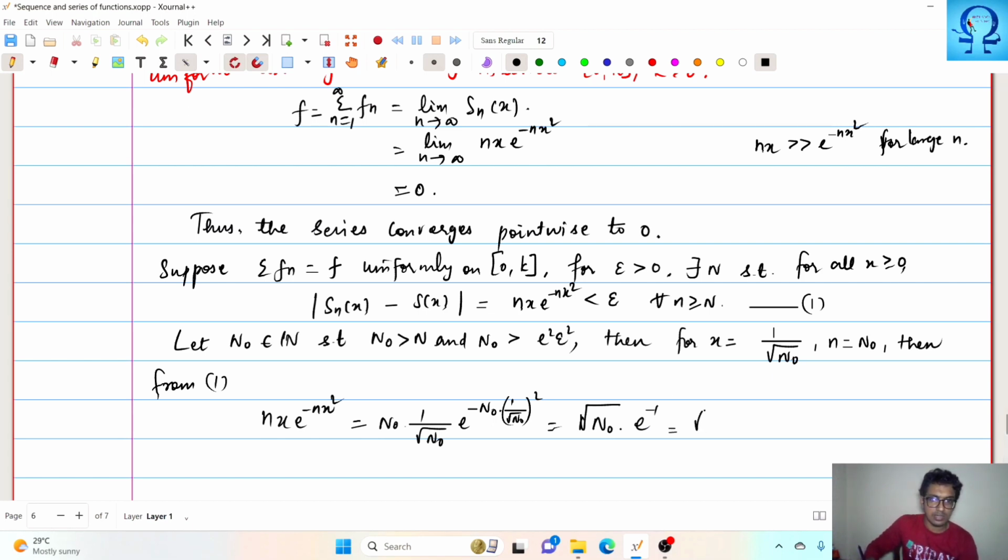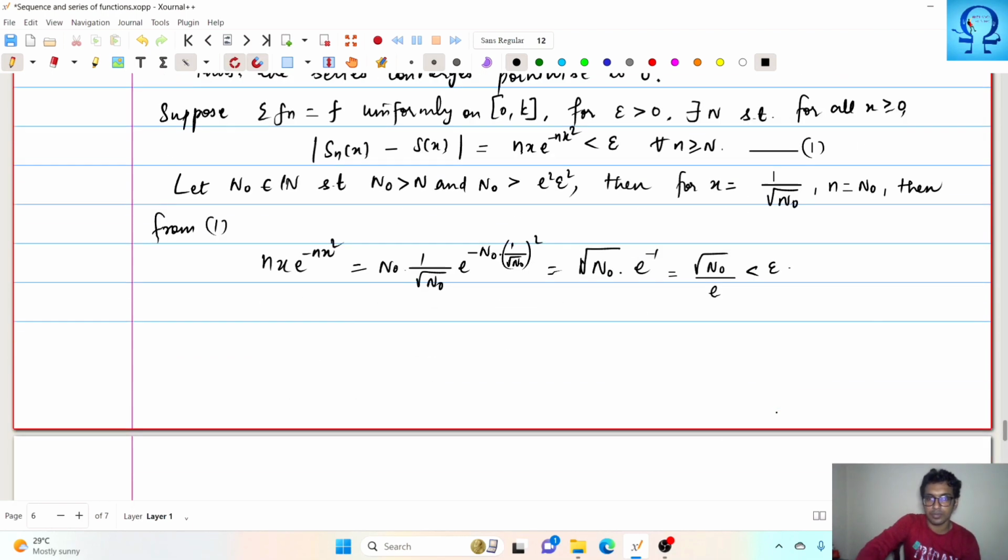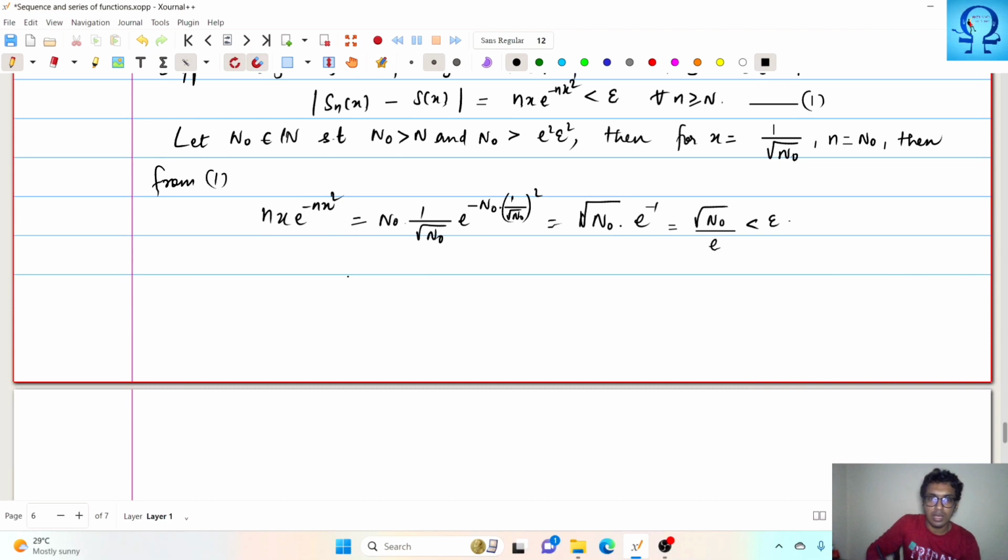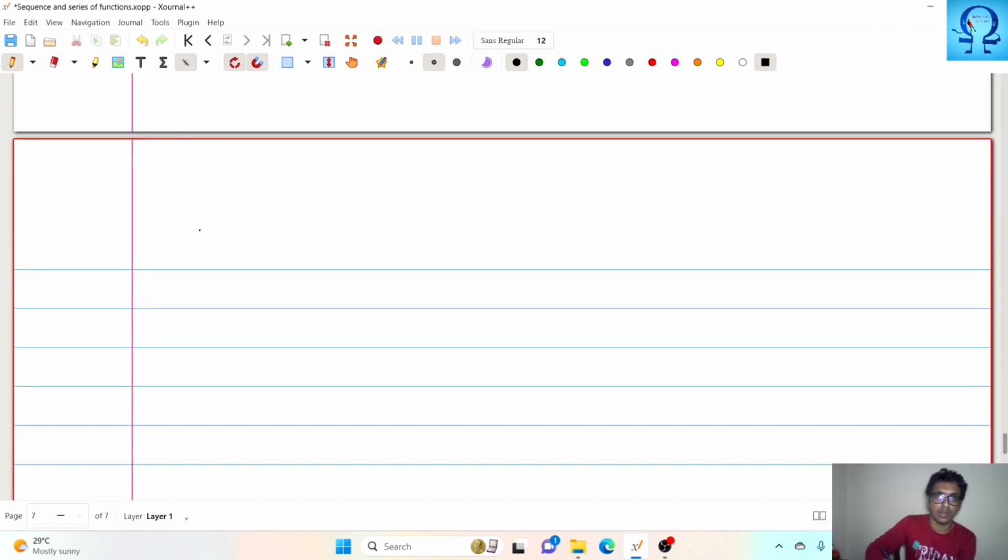Right? It is just under root n naught upon e, which is less than epsilon from 1. This tells us that under root n naught is less than epsilon into e, therefore n naught is less than epsilon square e square, but we have chosen n naught to be greater than e square upon epsilon square. So which is a contradiction.